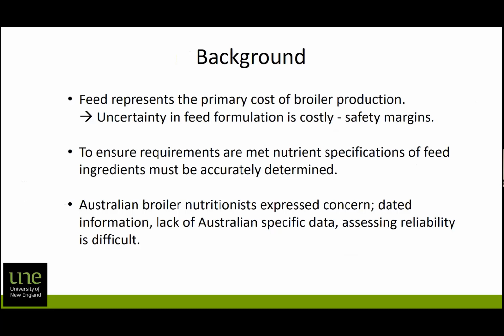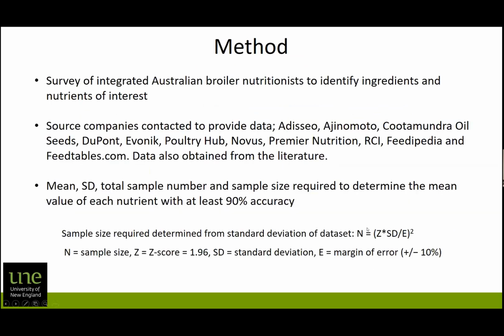Of course, to ensure our requirements are met, we need to be able to accurately determine what the nutrient specifications of our ingredients are, and also the variability that exists. But Australian broiler nutritionists express concern because we don't have a lot of information on Australian feed ingredients, and assessing the reliability of this information is really difficult.